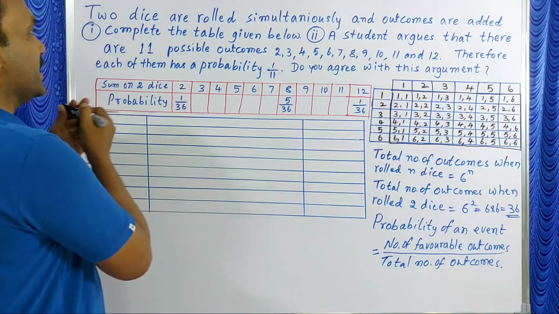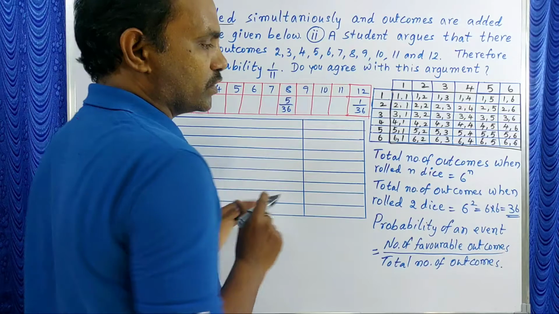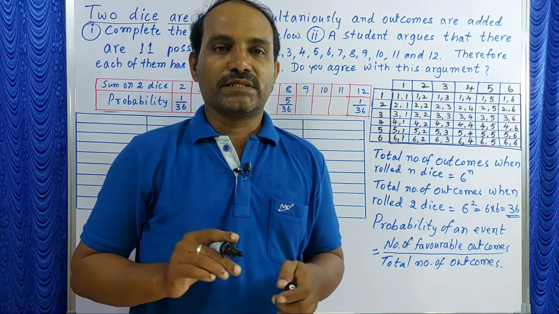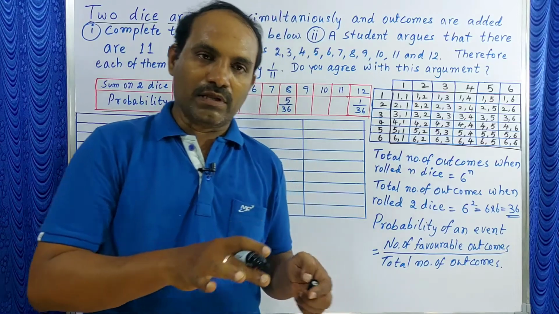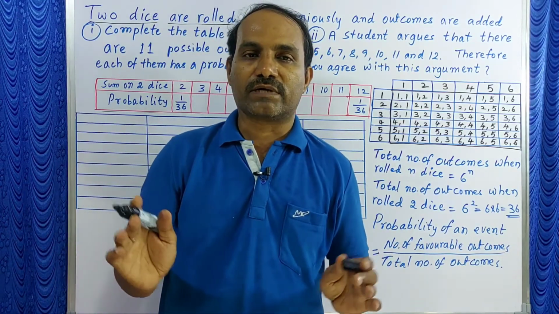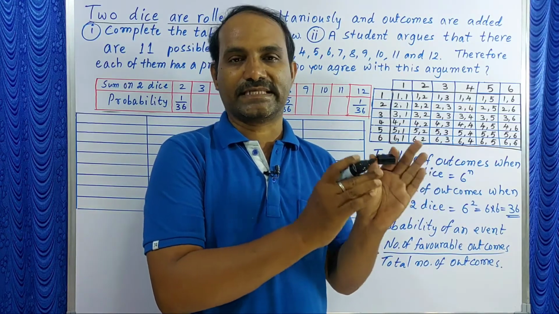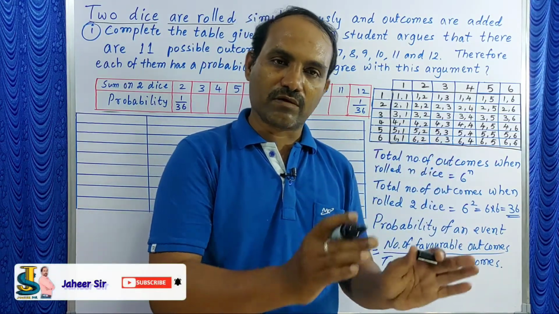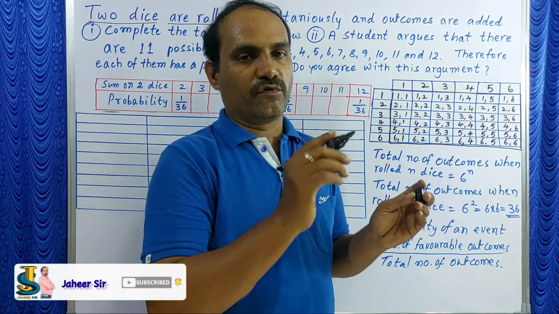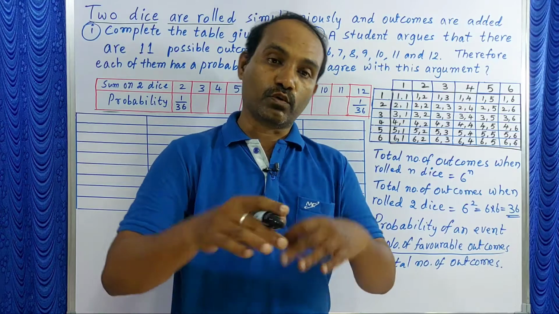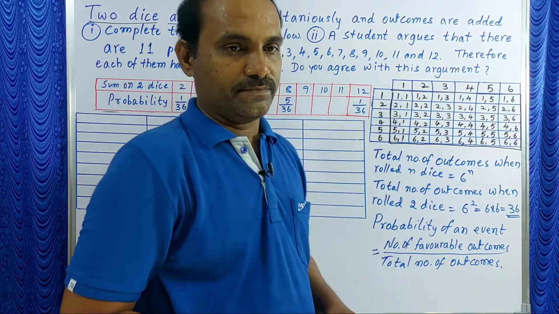So, what he said here, 2 dice rolled. We already know that if 1 die is rolled, the number of outcomes is 6, because 6 faces, 6 numbers. Those are the only outcomes: 1, 2, 3, 4, 5, 6. When 2 dice are rolled at a time, what are the outcomes?